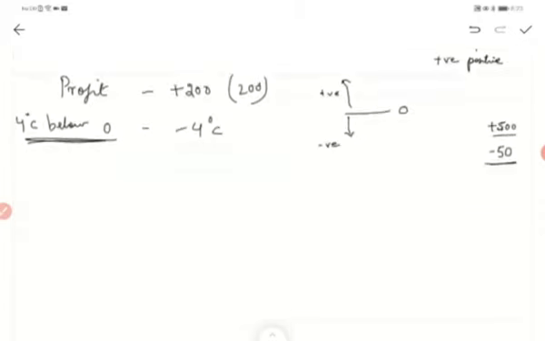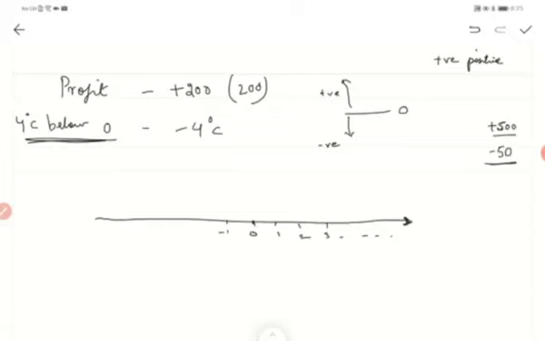In the last class I showed you how to draw the number line of integers. In the middle you will have 0, 1, 2, 3 and so on, with an arrow mark to represent that it goes till infinity.